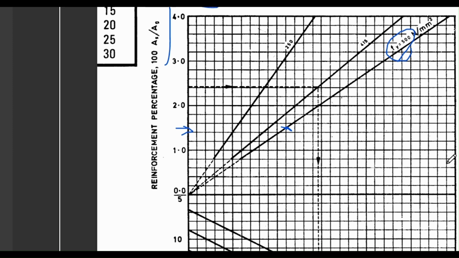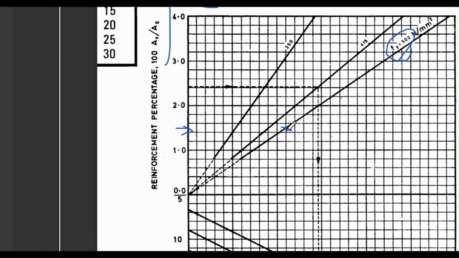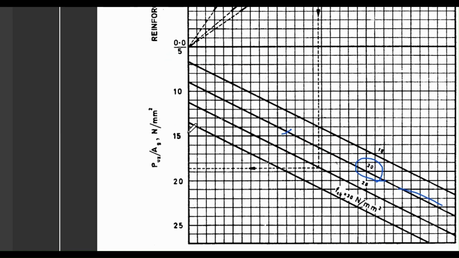Then the characteristic strength of concrete is M20 concrete. This is the corresponding graph in the section. So taking this to this point, the corresponding value is 10, 11, 12, 13, 14, maybe 14.5.